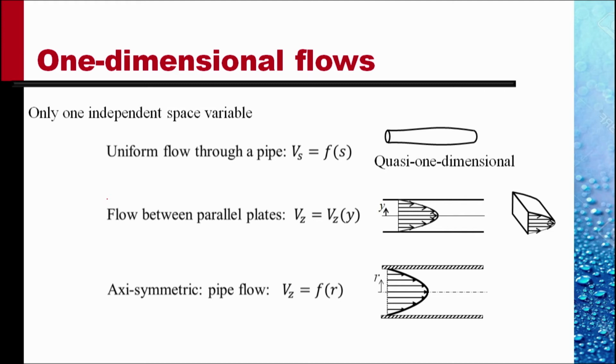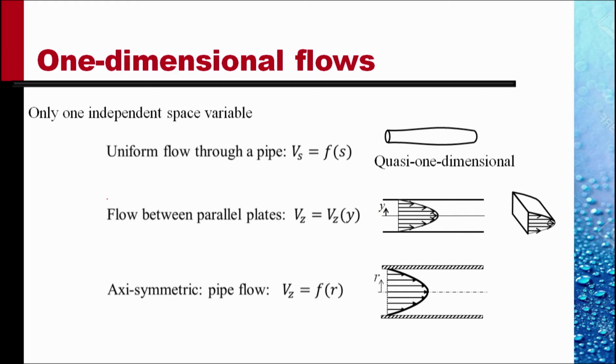Like so, we can write Vs, the velocity in the S direction, the downstream direction, as a function only of S. If it is a uniform channel, then Vs is constant.